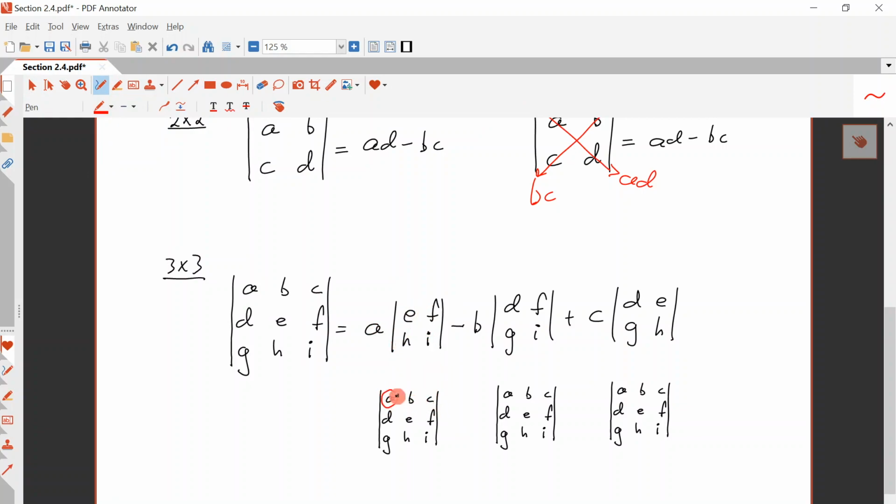Cross out the row and column for A, and you're left with the 2 by 2, E, F, H, I. Then we have the B. Cross out the row and column for B, and you have D, F, G, I. And then you have the C. Cross out the row and column for C, and you're left with the 2 by 2, D, E, G, H. So that's a sort of graphic way to remember what the 3 by 3 determinant is.